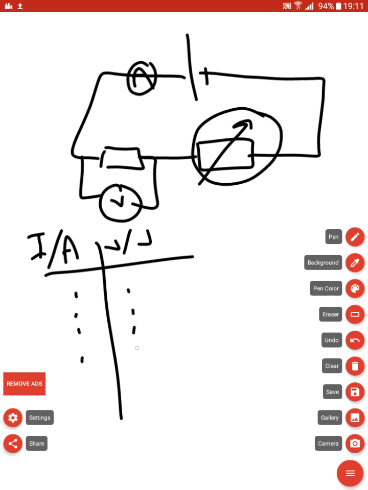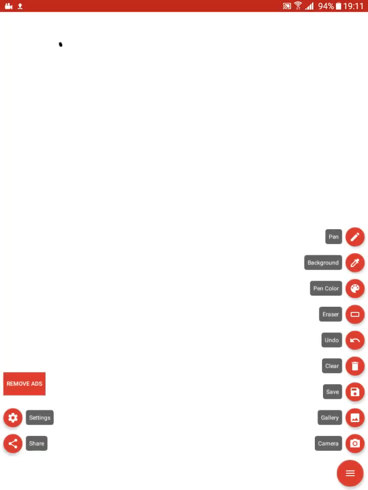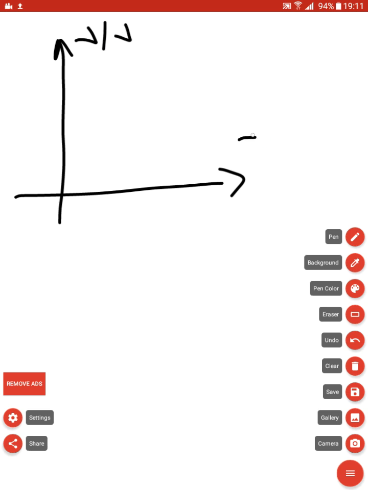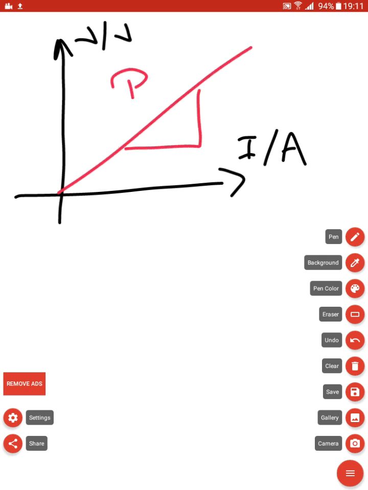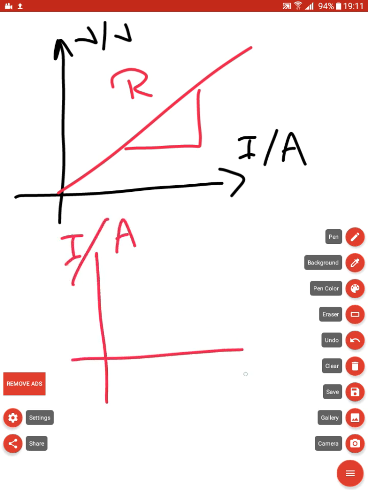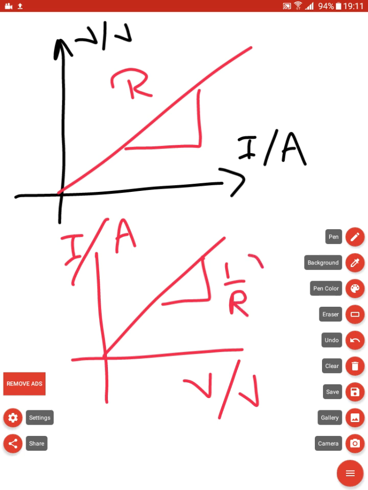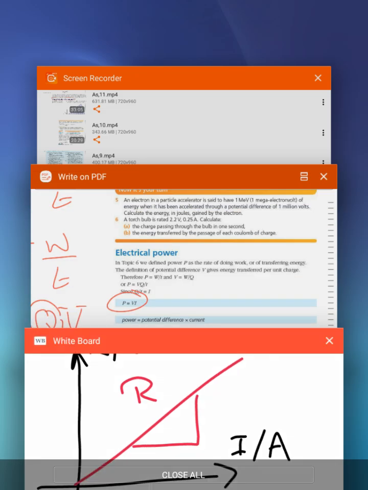Depending on these values, you can draw the voltage on the y-axis against current on the x-axis, and this is the relation. So the gradient is resistance. But if you draw current on the y-axis against voltage on the x-axis, the gradient will be 1 over R, the reciprocal of the resistance.